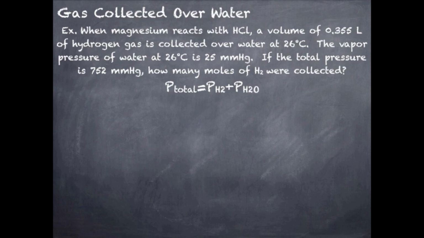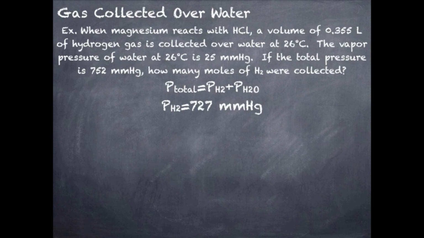Well, I know the total pressure in this case is 752, and I know that the partial pressure of water is 25. And so that tells me that the partial pressure of hydrogen gas is just going to be 727 millimeters of mercury. So that's the only new concept in this entire lesson, is the idea that the two partial pressures add up to give you a total pressure.